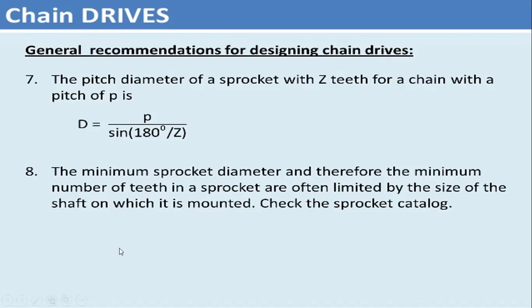Capital D is decided based on the size of the shaft on which it is to be mounted. And we are also going to check the catalog of the sprocket.